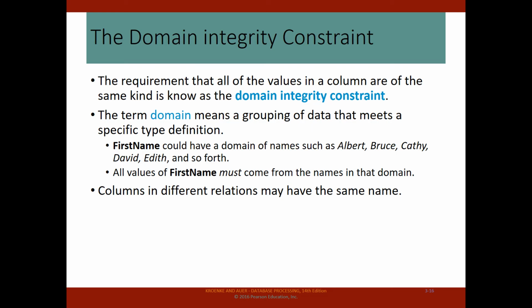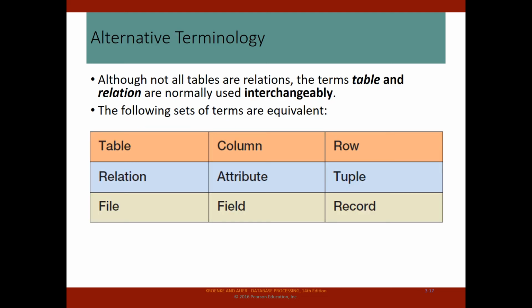So now we already talked about the domain integrity. So if you need to memorize it or review it, it's provided here in this slide. And here is some alternative terminology that we wanted to keep in mind. So when we are talking about tables, relations, and files, they all mean the same. And we said also an entity, a table, a relation, and a file, and a class or an object.